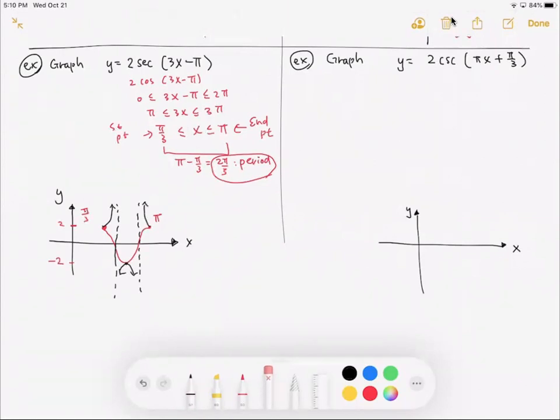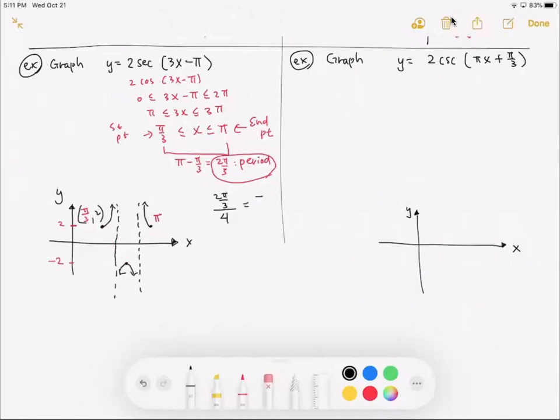I'm going to erase the red part of the graph because only the black part of the graph is 2 secant 3x minus pi. And in order to identify these points, we know that it will be pi over 3, 2. And every quarter of the way, we had our key points for regular cosine x.